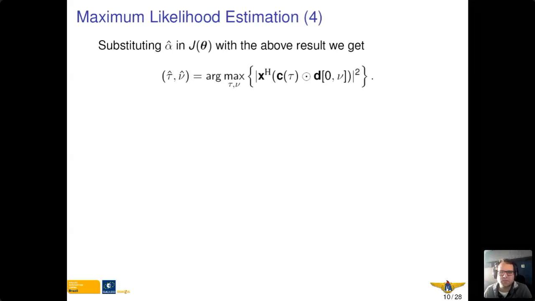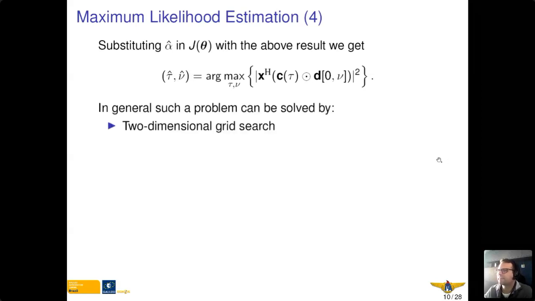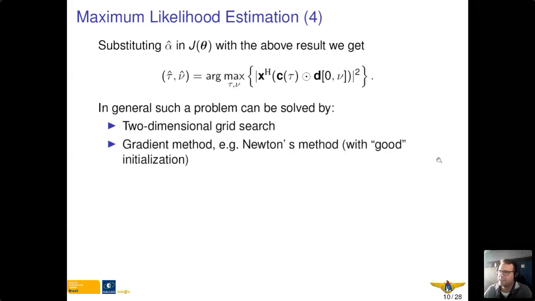So this is the reference sequence that we use, plus a Doppler probe. And we have to go through all the time delay and Dopplers that are possible to find the Doppler and delay estimates. In general, such a problem can be solved by a 2-dimensional grid search, or a gradient method, for example Newton's method with good initialization.